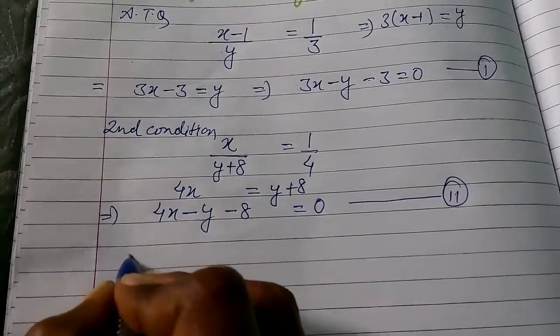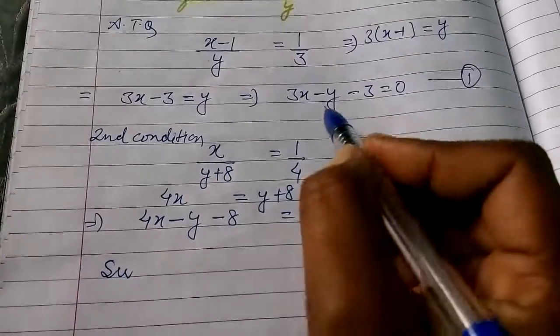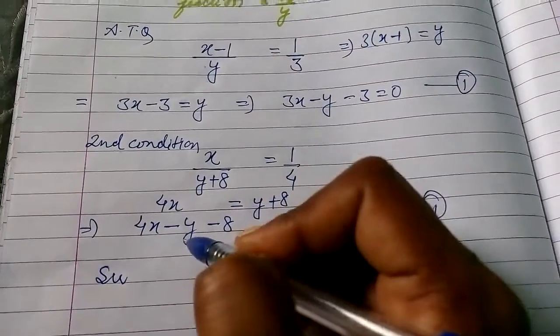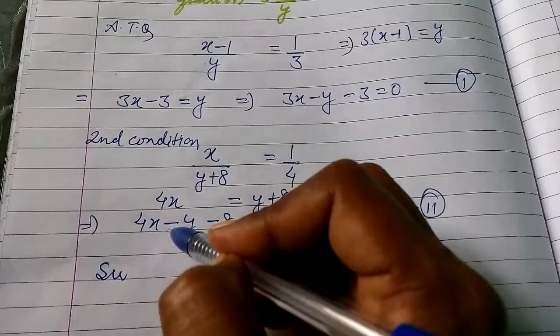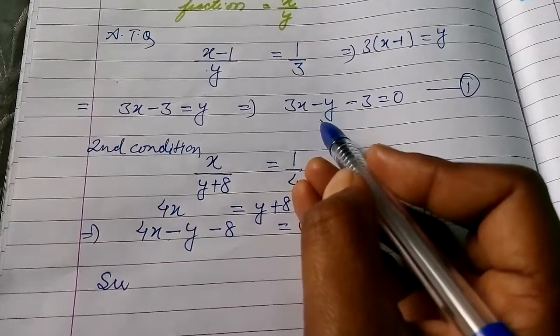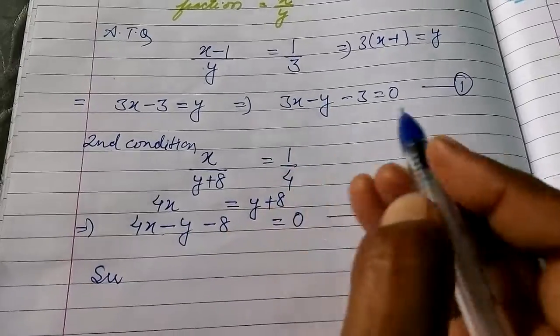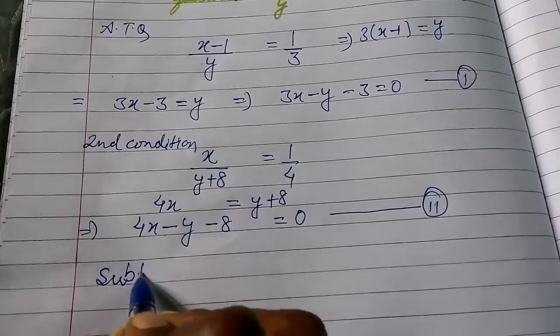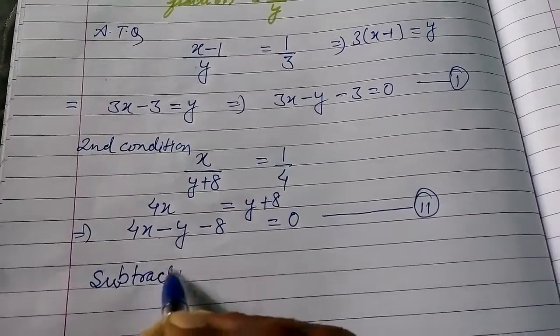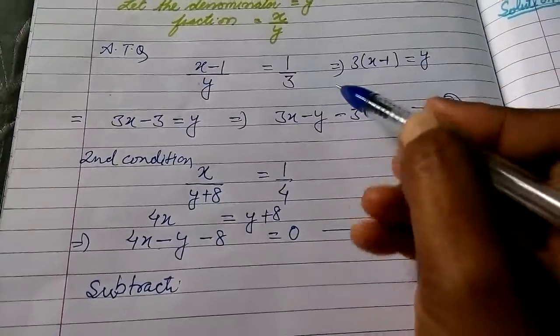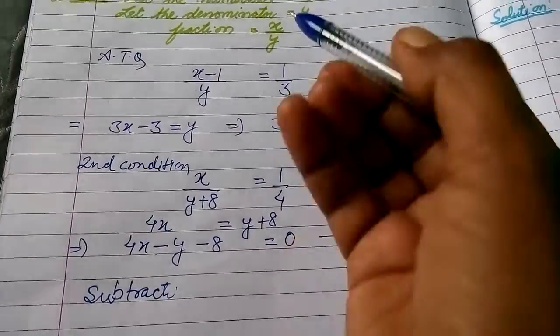Now subtracting, because you want to eliminate this y, and you can see that they both have the same sign. So you have to subtract to make these signs opposite. The main thing is that you learn how to form the equation from these problems.